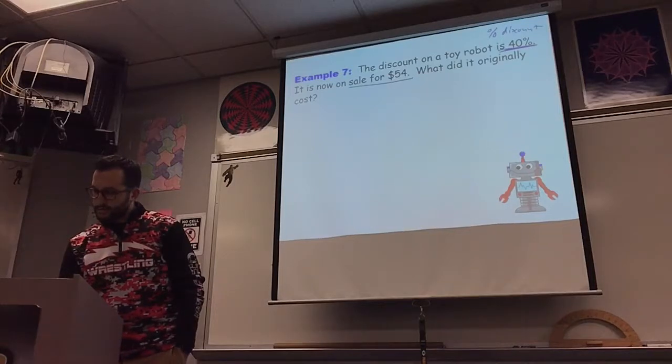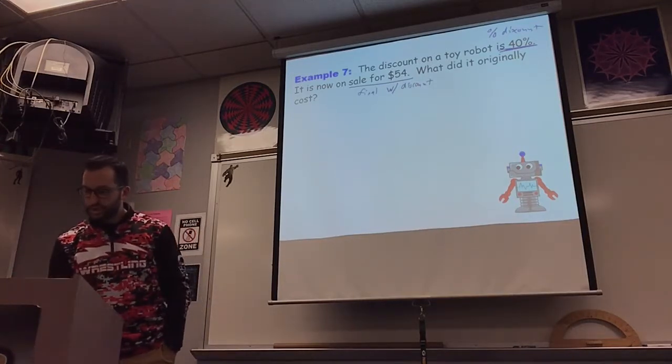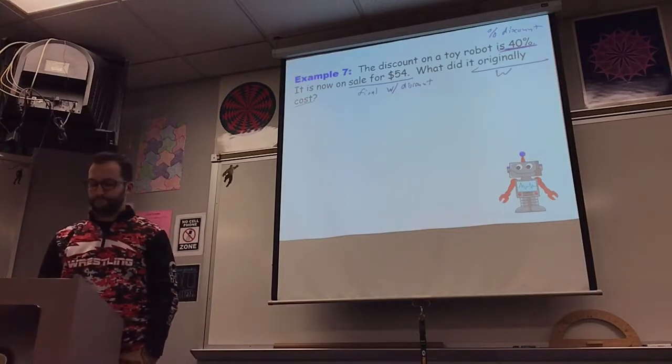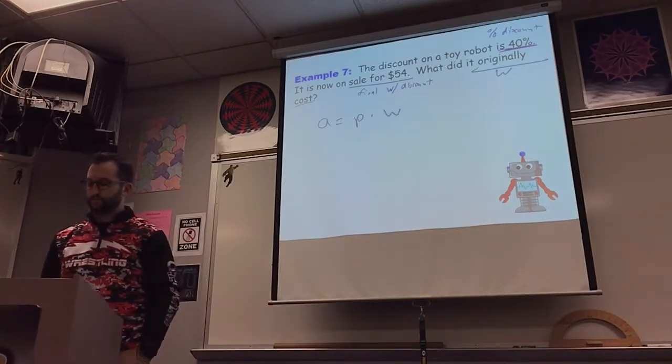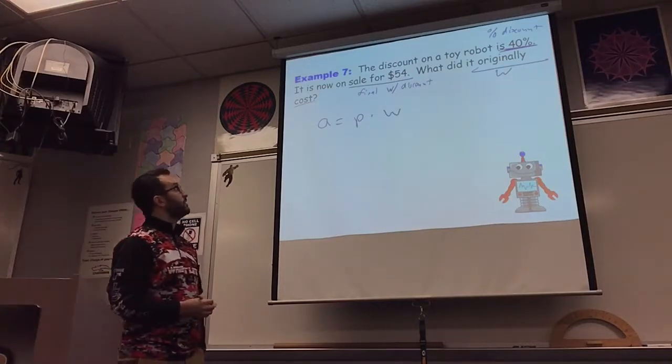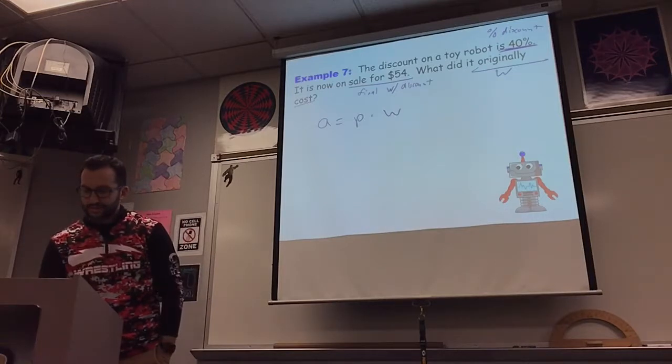This is the final with discount. So you have to be careful here. What did it originally cost? That's W. So A equals P times W. What were we given? We were given the final amount with discount. That's the selling price.